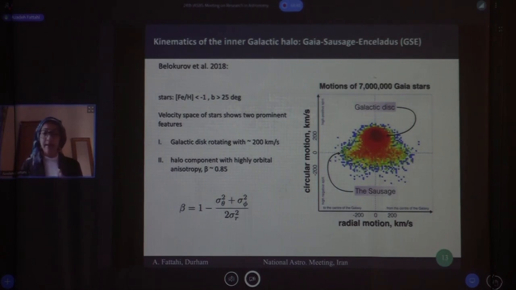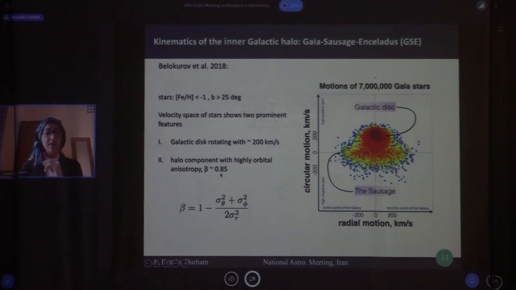Kinematically, we can quantify what this elongated shape means. The elongated shape means the velocity dispersion in the radial motion is much higher than the velocity dispersion in the circular motion. You might have heard about an anisotropy parameter. This can be quantified, and basically, if one tries to decompose this velocity space, this squashed component that has been named the sausage has an anisotropy of about 0.85.